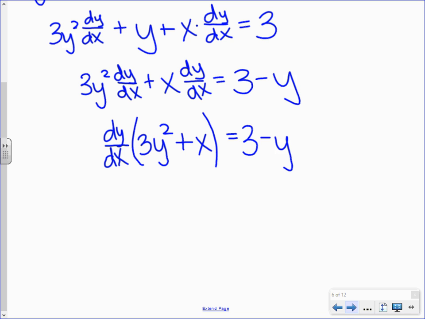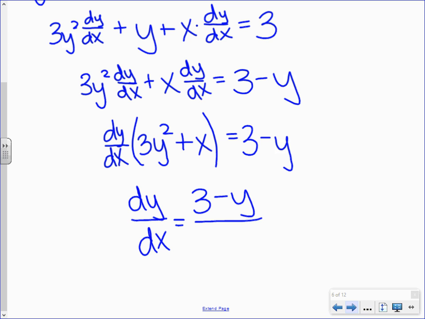And then our last step is to divide it over. So dy/dx is 3 minus y over 3y squared plus x.